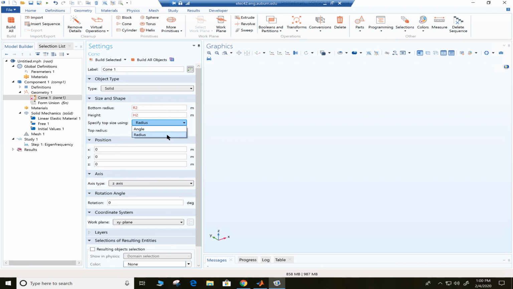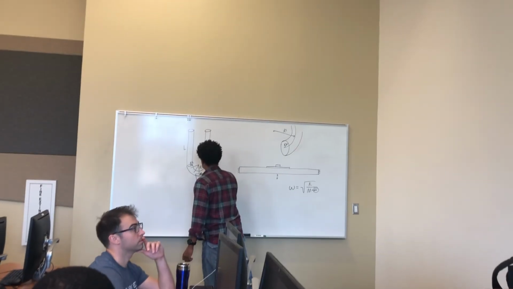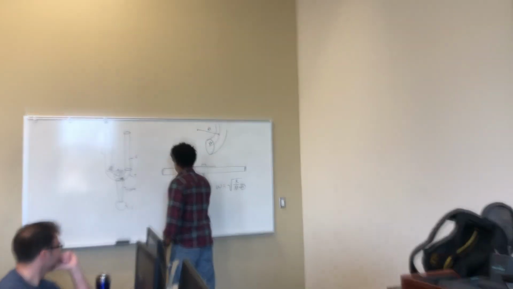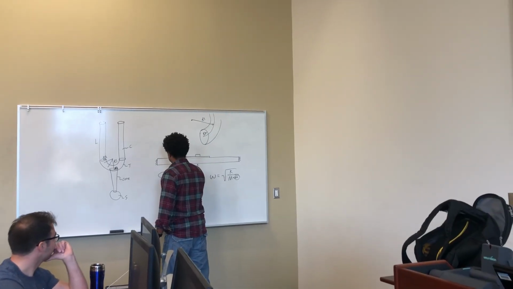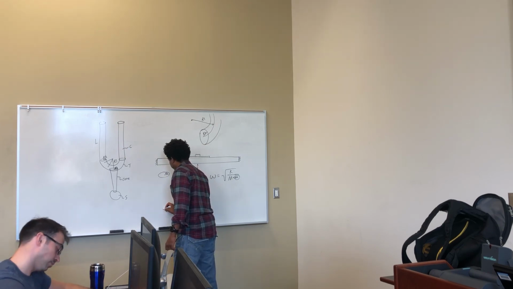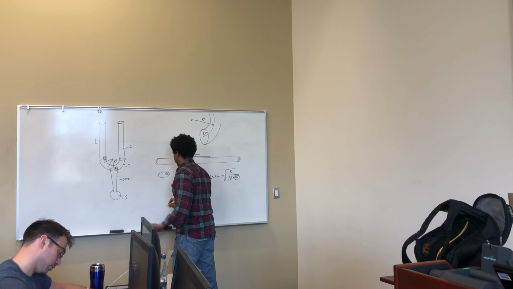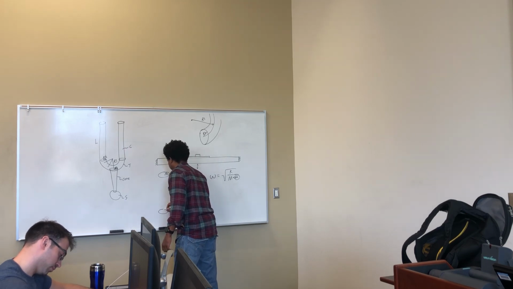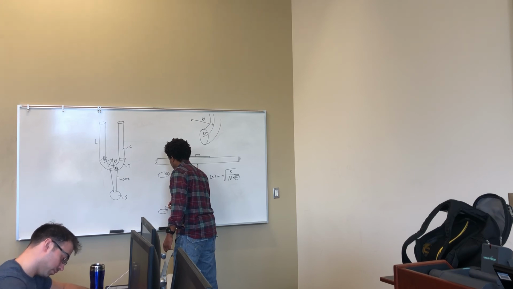And for this piece right here, you can do it by angle or radius. What I mean by that is, because this is R2, we define it as R2. If you do it by the radius, then your ending radius right here at the top, I guess we can call it R3.